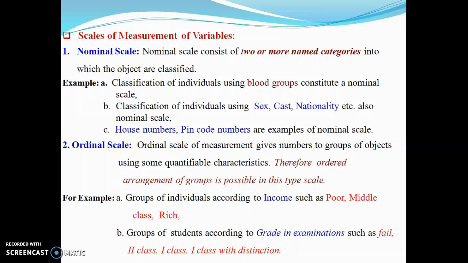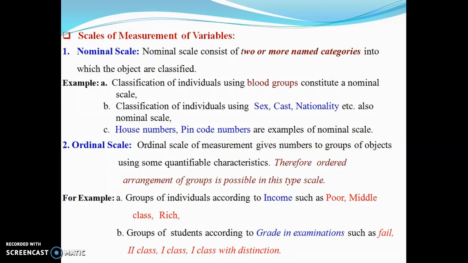For example, group of individuals according to income such as poor, middle class, rich, or group of students according to grade in examination such as fail, second class, first class, first class with distinction.